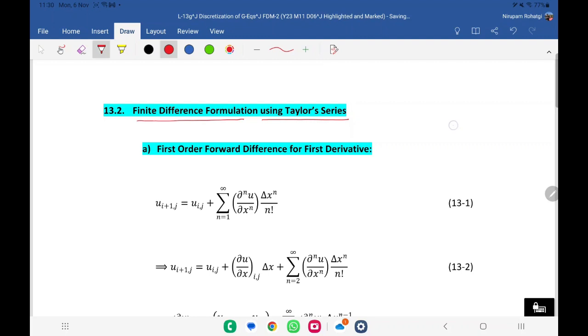One is called FDM, second is called FVM, third is called FEM: finite difference method, finite volume method, finite element method. We talk only of two here, FDM and FVM. We will not be talking about FEM.